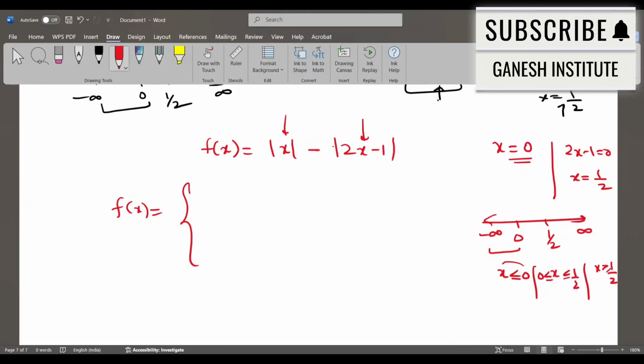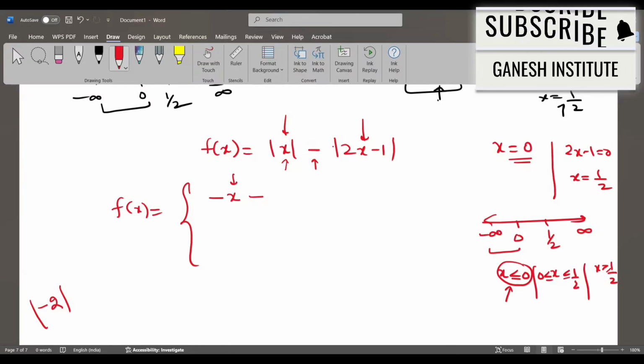Now, if you are considering anything x less than 0, just define it without the modulus sign. You will get negative x for values less than 0. X is negative, so you put negative x inside the modulus. How will you define that x is minus 2?